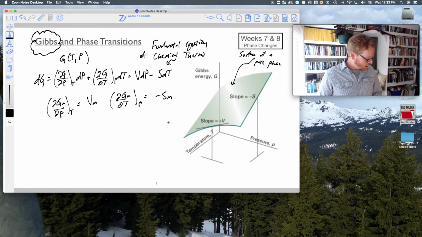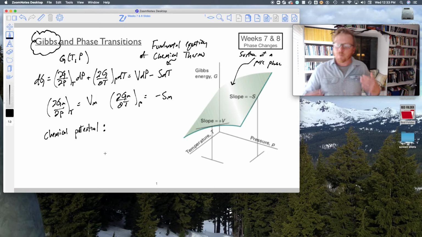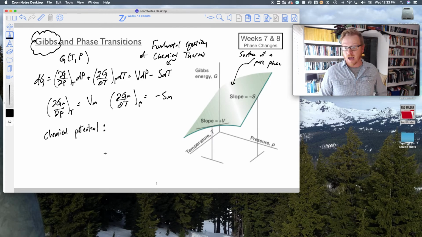And so I'm also going to introduce a new idea here, chemical potential. And I kind of briefly talked about this when I introduced the canonical, microcanonical, and grand canonical ensembles. So chemical potential is related to the grand canonical, okay? And so chemical potential gets the symbol mu, okay?